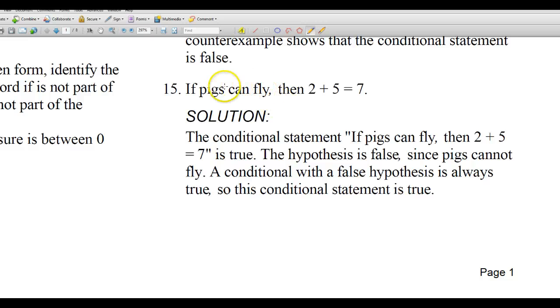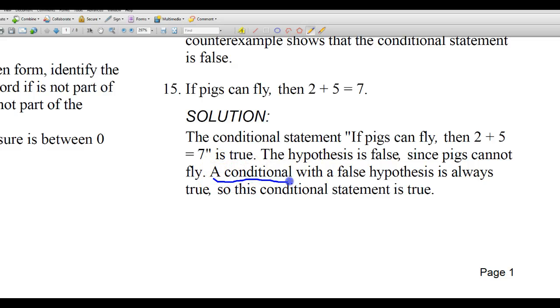All right, 15, this is an interesting case here of how this works. So it says, if pigs can fly, then 2 plus 5 equals 7. Notice the solution here. The conditional statement, if pigs can fly, then 2 plus 5 equals 7, is true. The hypothesis is false, obviously, since pigs cannot fly. And here's what we need to remember.